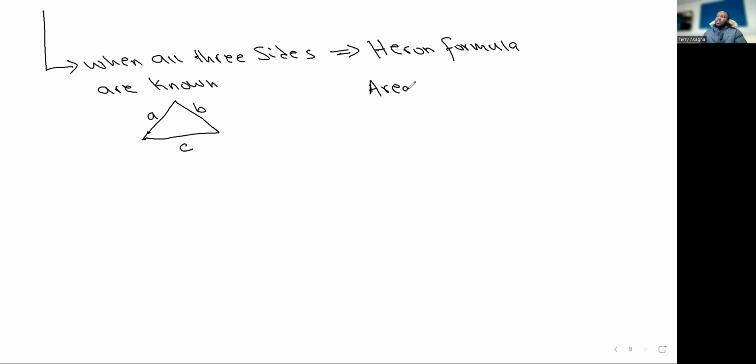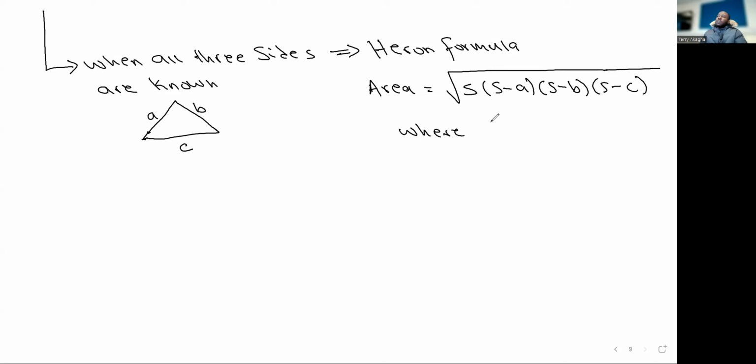Then the area is equal to the square root of s(s minus a)(s minus b)(s minus c). Okay, so where s is equal to a plus b plus what? c, divided by 2.